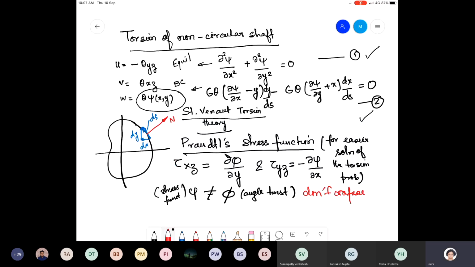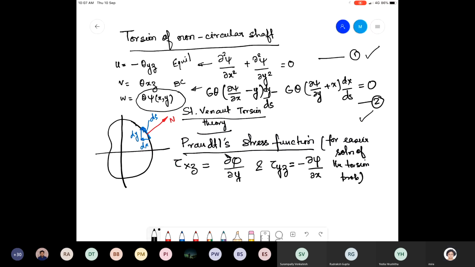So if this is the stress function, then I already know that tau xz is equal to G theta times (del psi by del x plus y), and that is going to be del phi by del y.